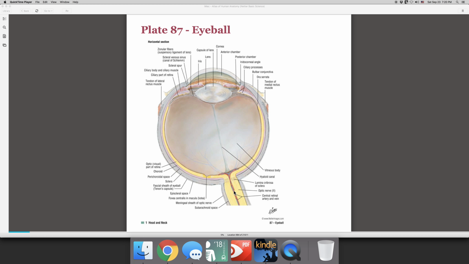We'll flip a couple pages later in this book to look at the blood supply network around the eyeball. So when they talk about neovascularization, they're referring to when new blood supply, new veins or arteries, grow.